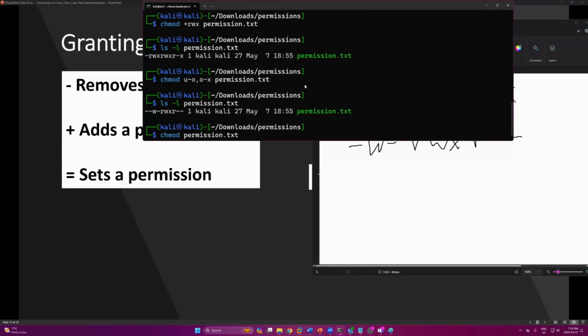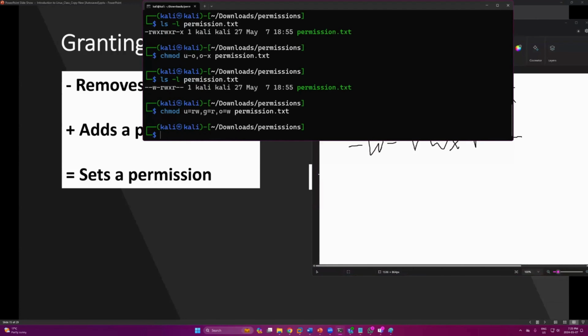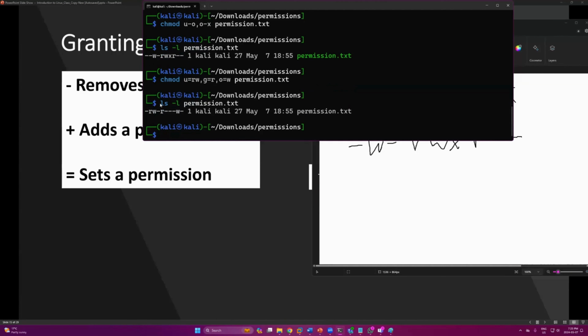Okay. So instead of using add and subtract, we can actually use the equal sign. So U equals RW, G equals, let's say R, and then O equals W. If I do that, and then ls permissions, you can see U equals RW, G equals R, and then O equals just W. Right, this is probably the easiest way to do it.